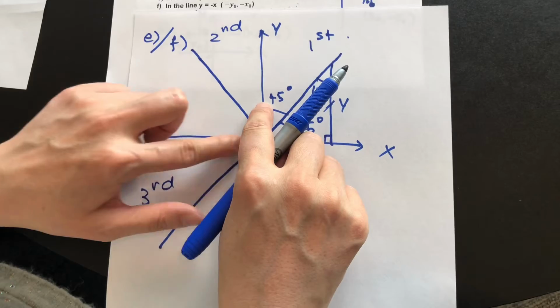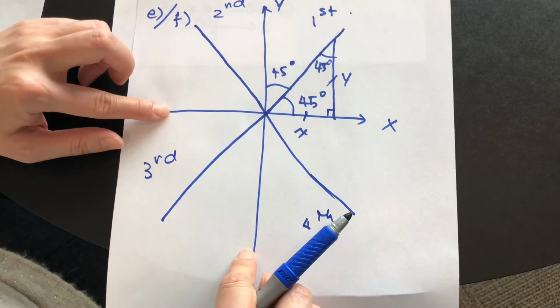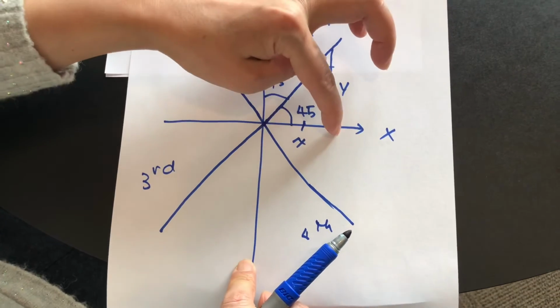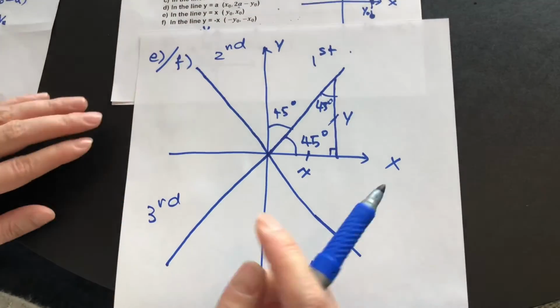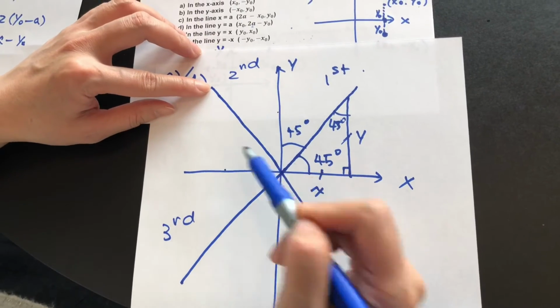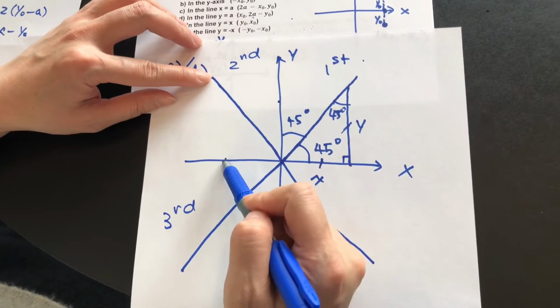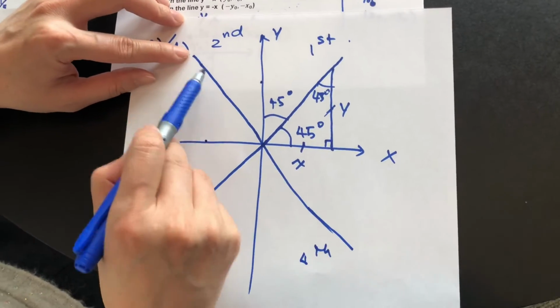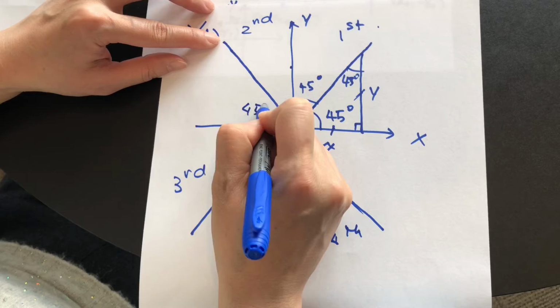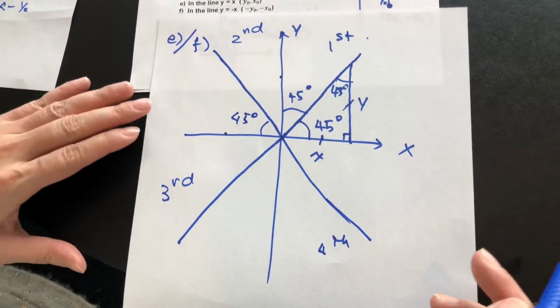Second quadrant, x less than 0, y greater than 0. For the third quadrant, both are negative. For the fourth, x positive, y negative. Okay. For second and fourth, you can see that x and y are always opposite. Y greater than 0, x less than 0. So this line is also a 45-degree line. On this line, x and y are always opposite in sign.